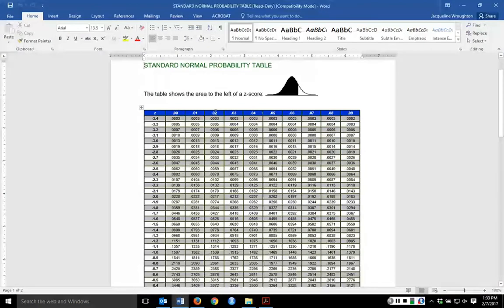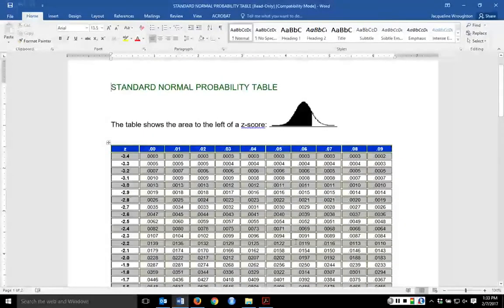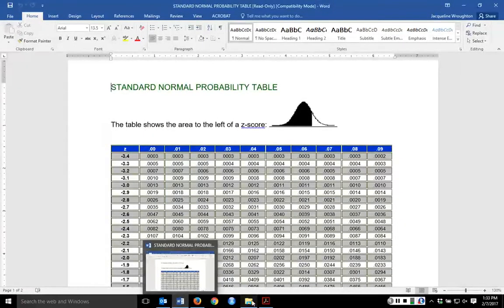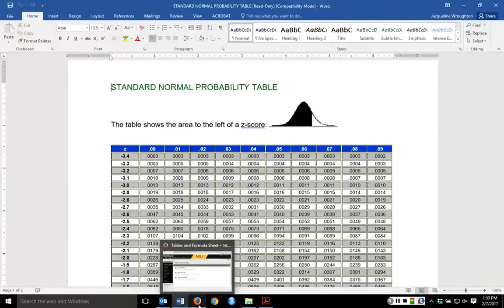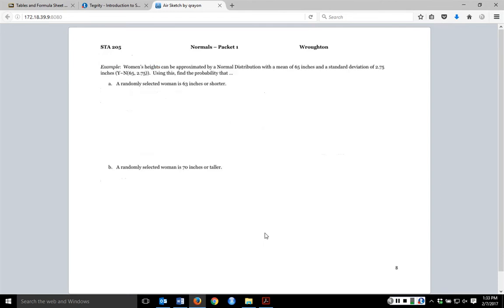Bring it up a little bit bigger here so we can see it. We're going to start by skipping this page temporarily and understand how this works by going through an example.